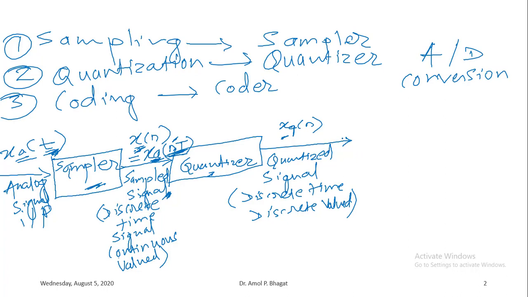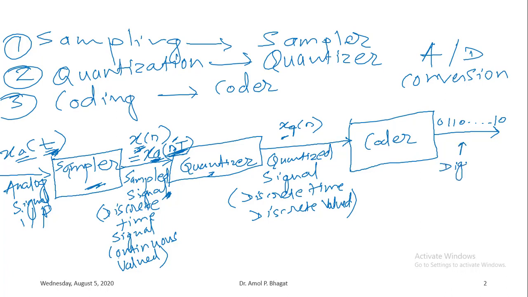After this, the quantized signal is given to the next block, the coder, which performs the coding operation and converts the quantized signal into actual binary codes, depending on what type of coding you are using. This is your digital signal. So the output of the coder is the actual digital signal.